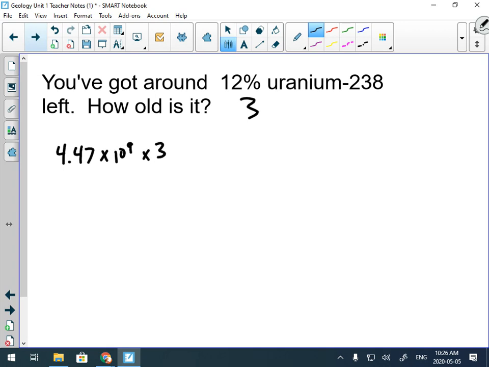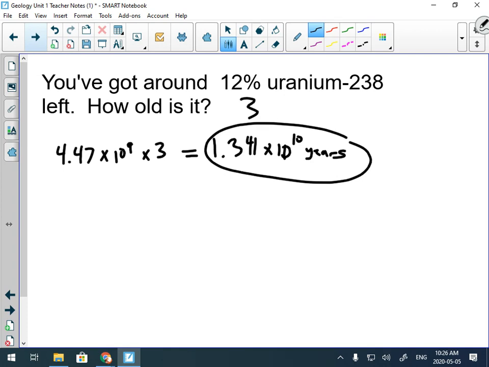I'm going to multiply that by 3 half-lives, and that gives me how old the sample is. 4.47 times 10 to the 9 times 3, I get 1.341 times 10 to the 10 years. So super, super, super old.